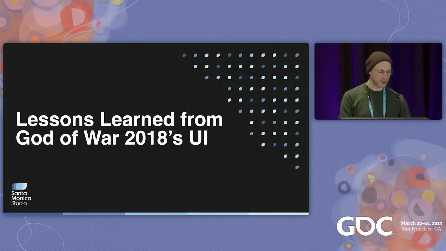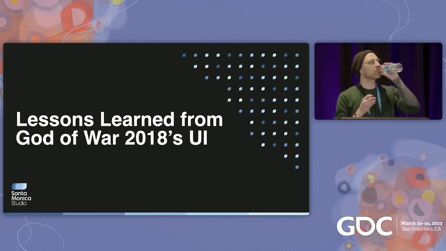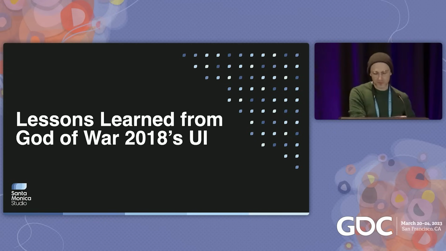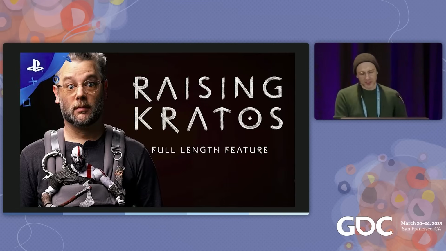So before we dive into the pause menu, let's talk a little bit about how the team looked back at God of War 2018. It's a known fact that God of War 2018's development cycle had difficulties. There's actually a great documentary out there if you're interested in learning more.